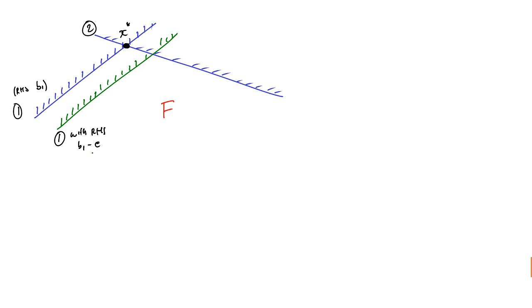Okay, so F is the original feasible region. If I decrease my constraint, then what I'm doing is moving the constraint boundary into the feasible region. If we then recompute our optimum, this is the x star plus delta x that I was talking about.